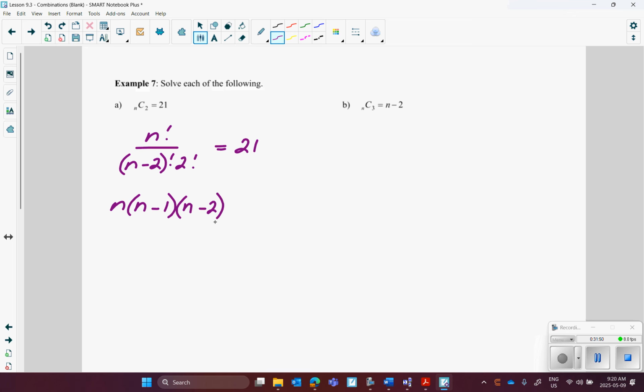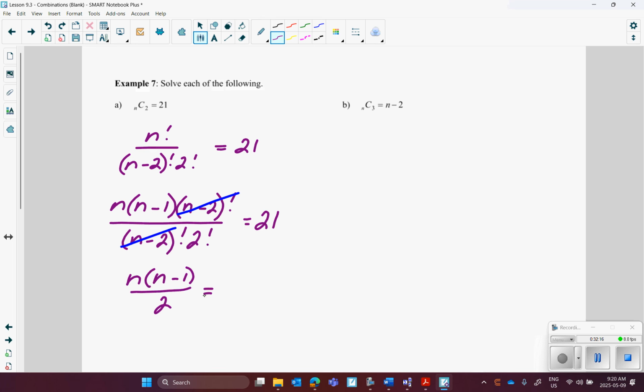Stop there because it matches the denominator. That allows me to get rid of the factorials. So now it is n times n minus 1 over 2 factorial, which is 2, equals 21.